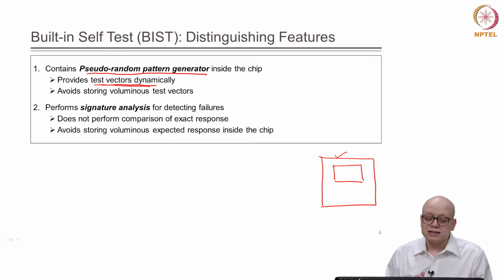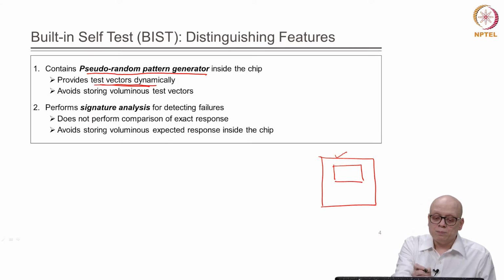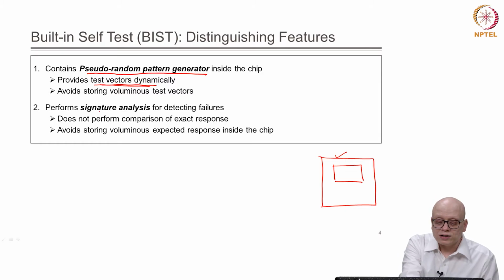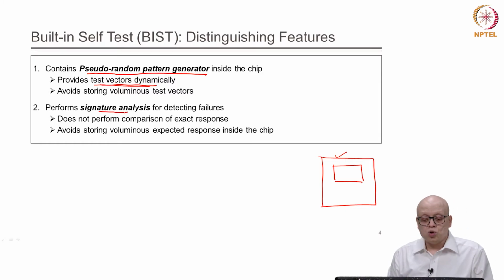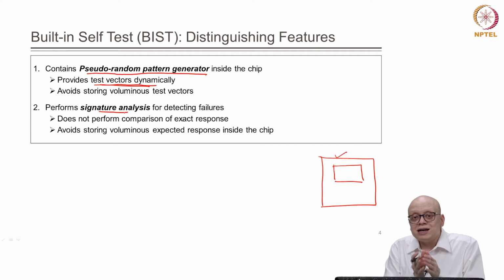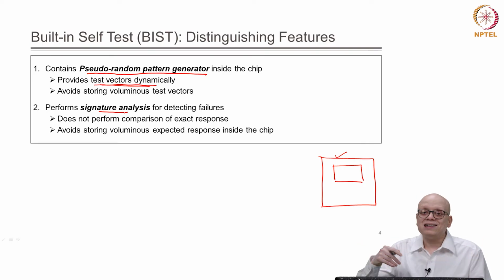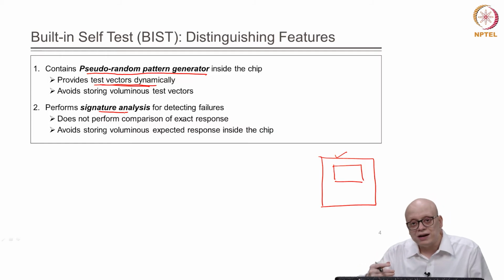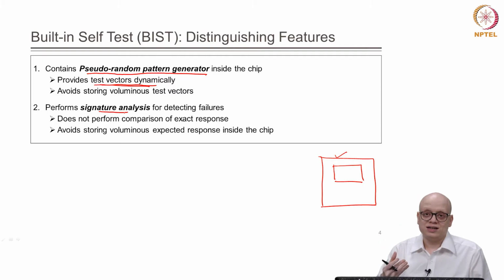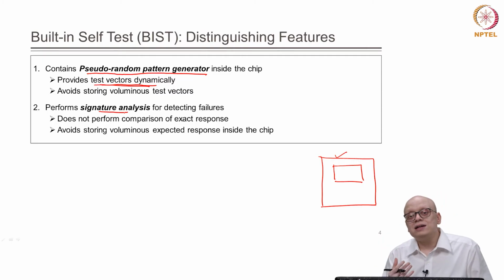And the second thing is that in the BIST method we do what is known as signature analysis. So, we do not compare the exact response that we get of our circuit with some golden response. Rather, what we do is that we derive a signature out of all the responses and compare only the signature obtained from our chip to the golden signature. And therefore, as a result, what do we save?